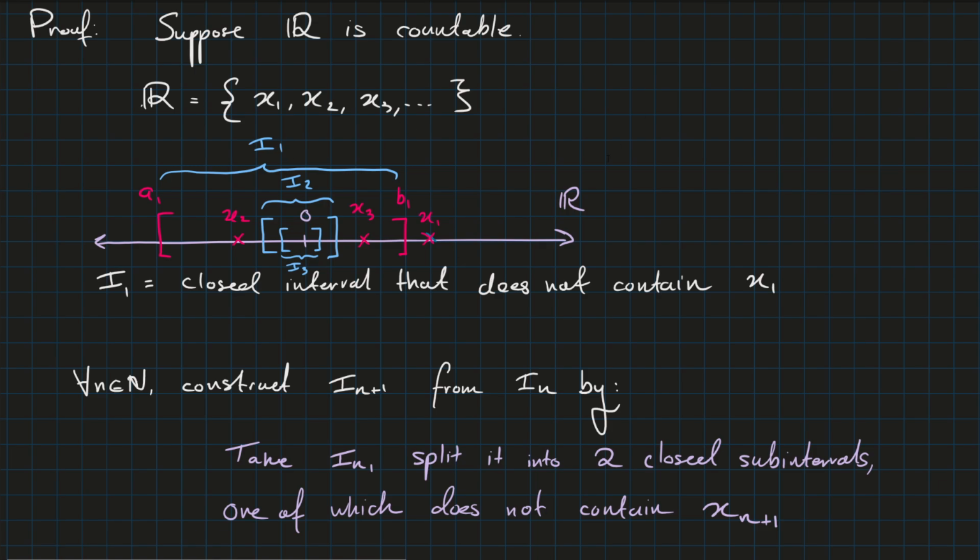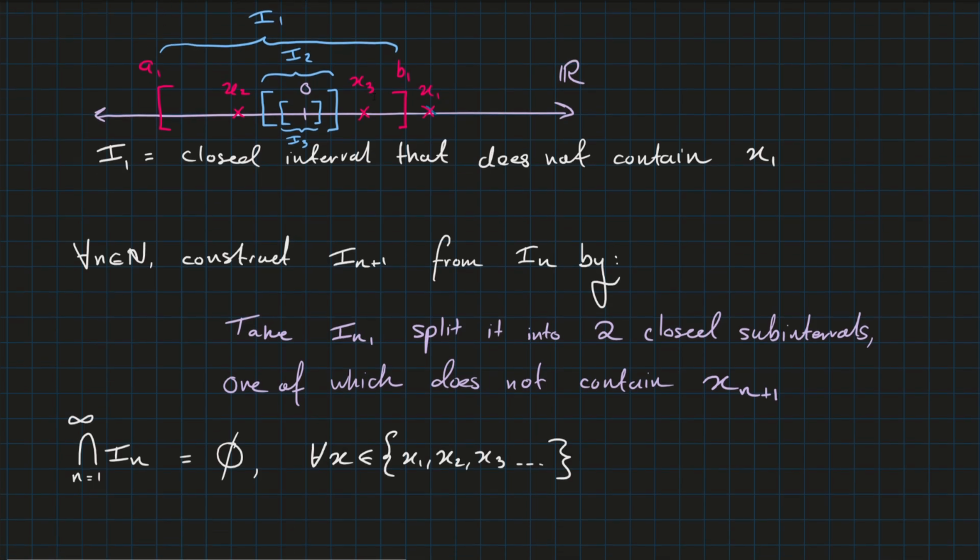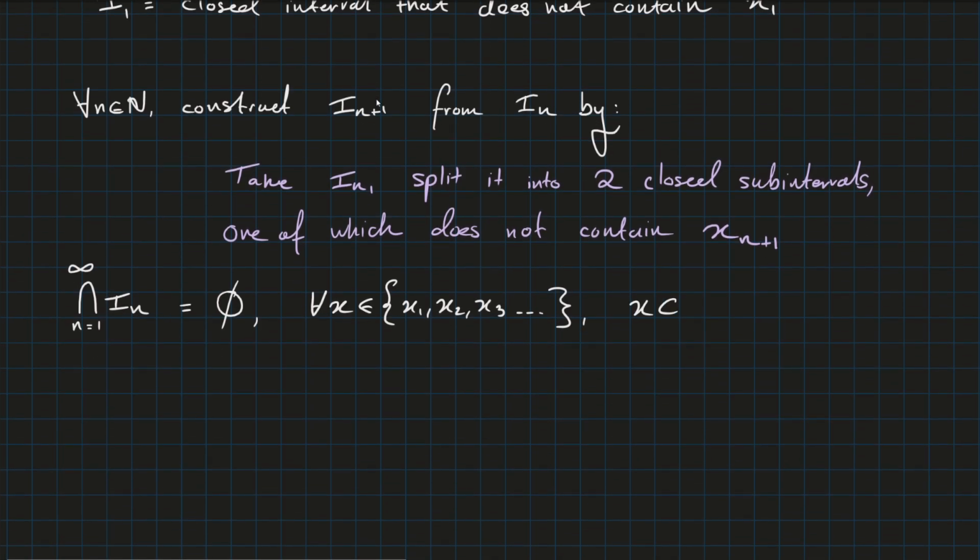And the point is I do this for all of them, right? So now we see, right, that, consider the infinite intersection, n goes from 1 to infinity, of these I_n's, right? I mean, it must equal the empty set since, for all x in, let's say, x1, x2, x3, which is what we said R would be, x_i is not an element of I_i.